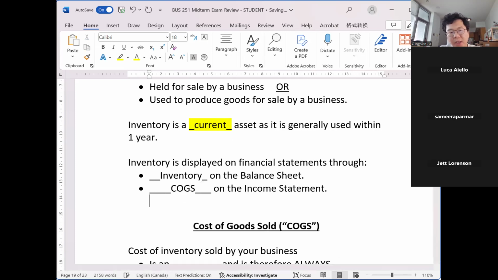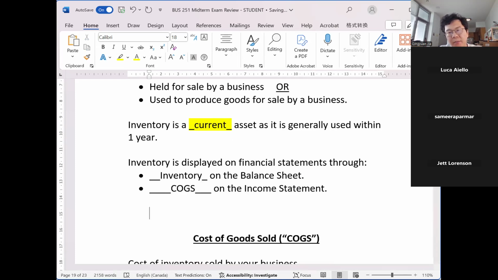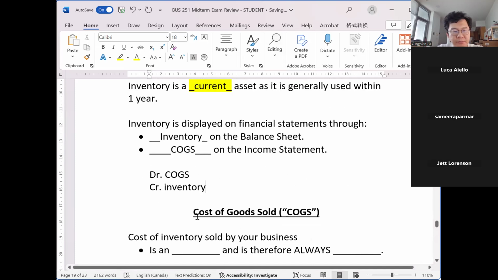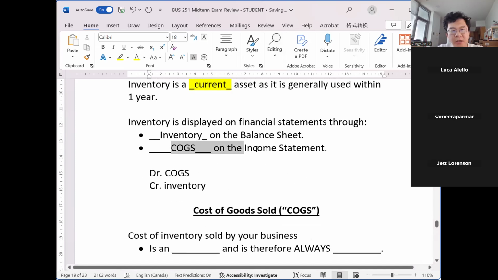Every time we make the revenue, we always have to do the journal entry. We debit COGS and we credit inventory. So that's why COGS is on the income statement.